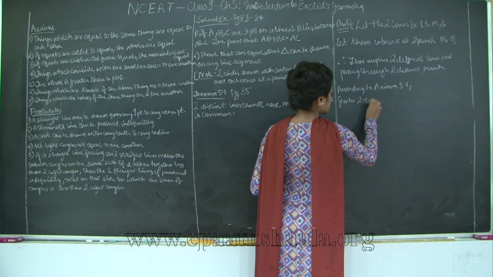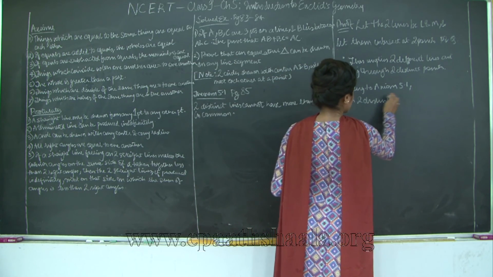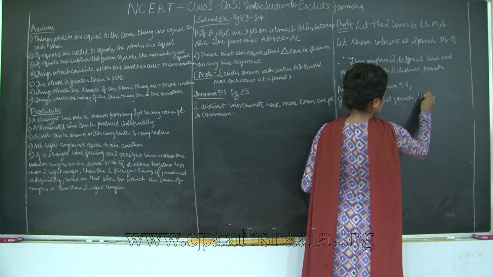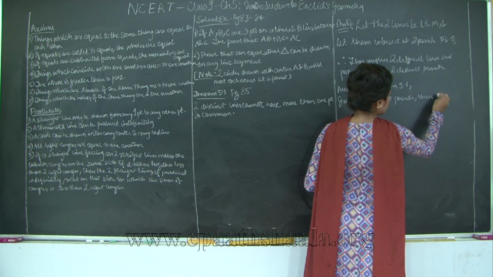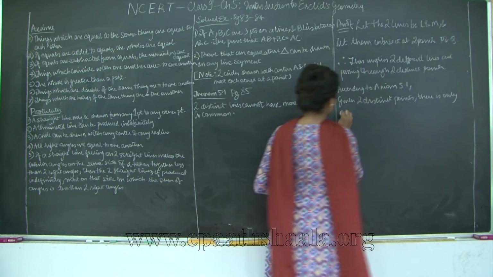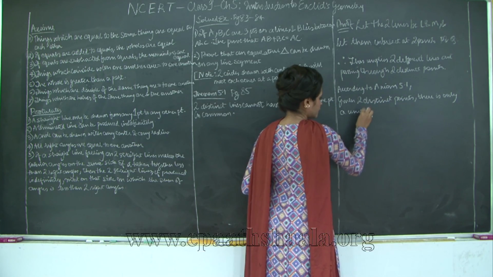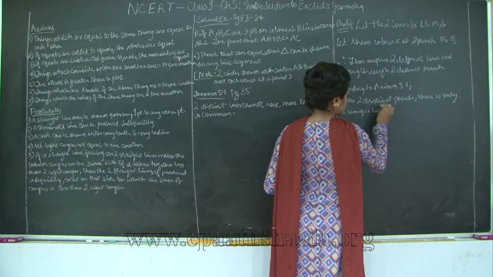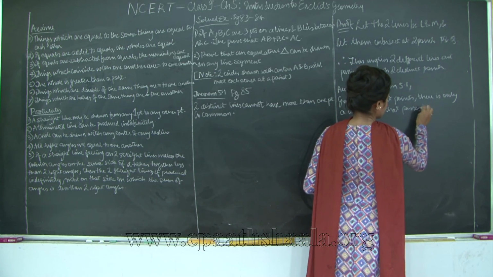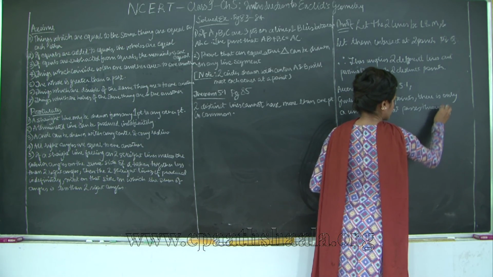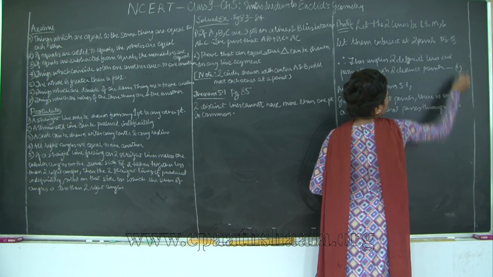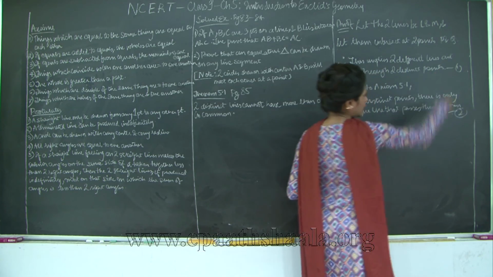Given two distinct points, there is only a unique line that passes through them. So I'll mark this as statement 1 and this as statement 2.